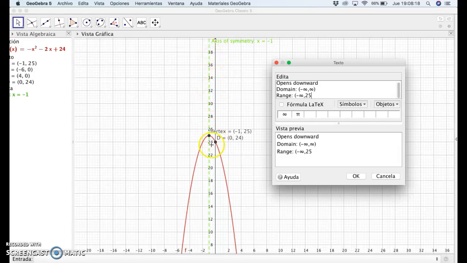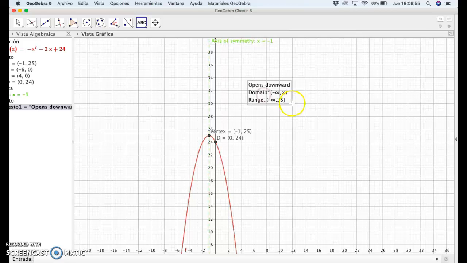The graph will never be, for example, at 26, and 28 neither. So 25 is our maximum point, and we'll just put it here, and okay. And here we have our text chart.